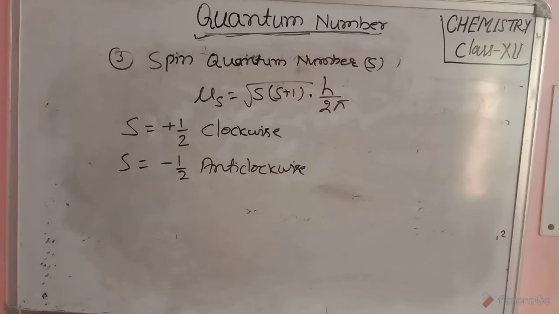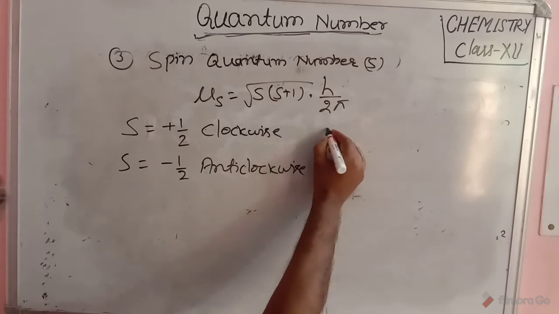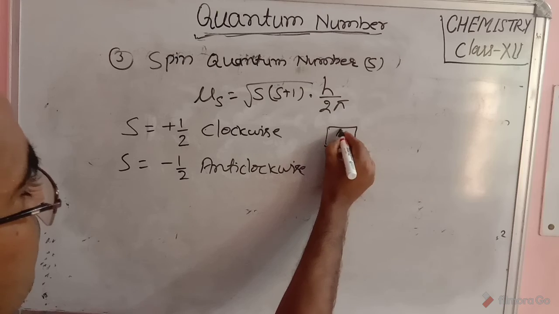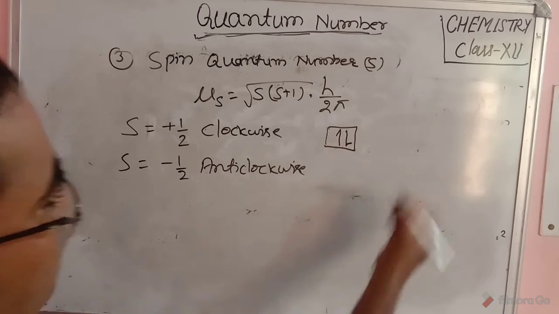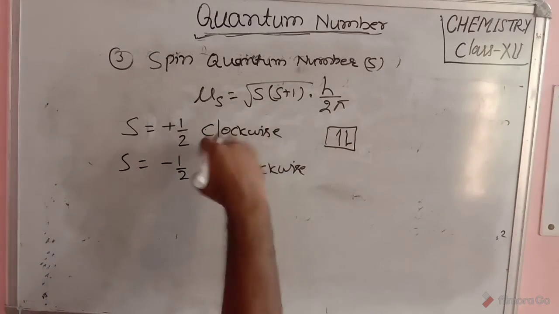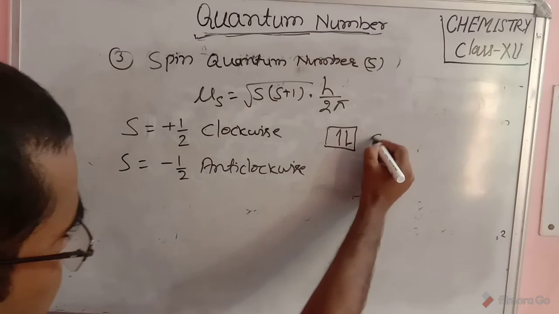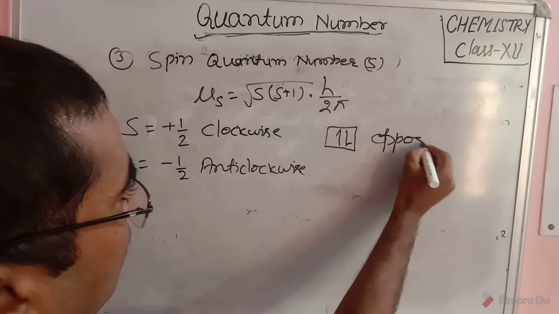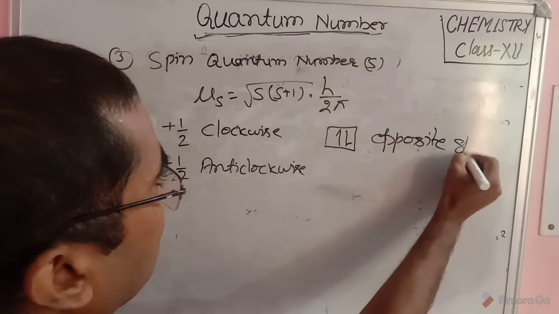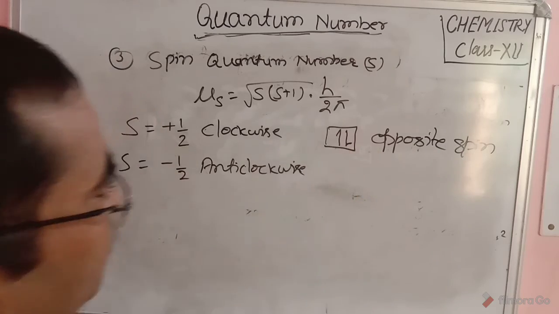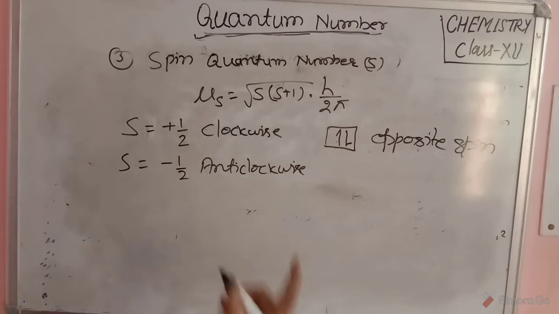It means whenever you are putting the electrons in an orbital like this, there is opposite spin, that is plus half, one is clockwise and another one is anti-clockwise. It means paired spin, that is opposite spin. So overall, plus half and minus half, the spin value will be 0.